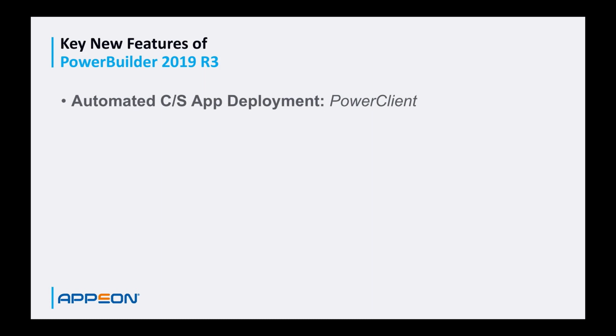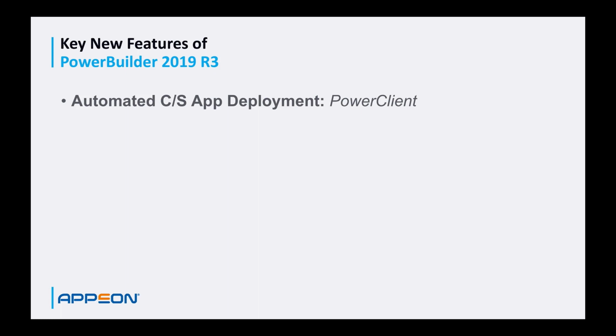But before we talk about the IDE enhancements in R3, let's take a brief overview of some of the enhancements overall that we've done for R3. There's a really exciting new feature called Power Client, which automates the deployment of client-server applications.